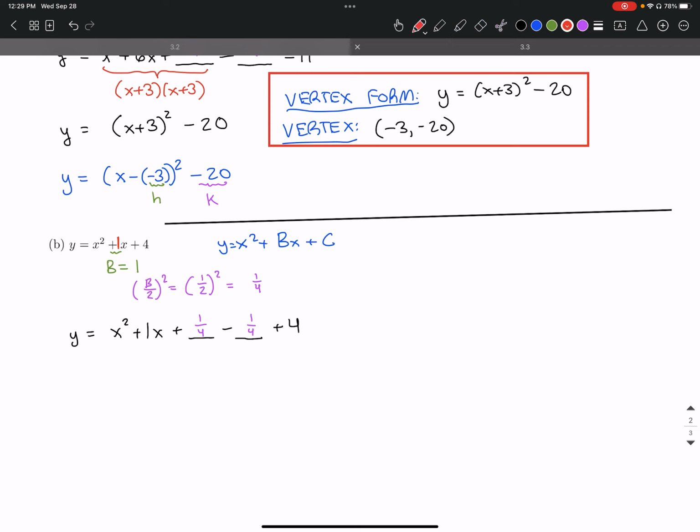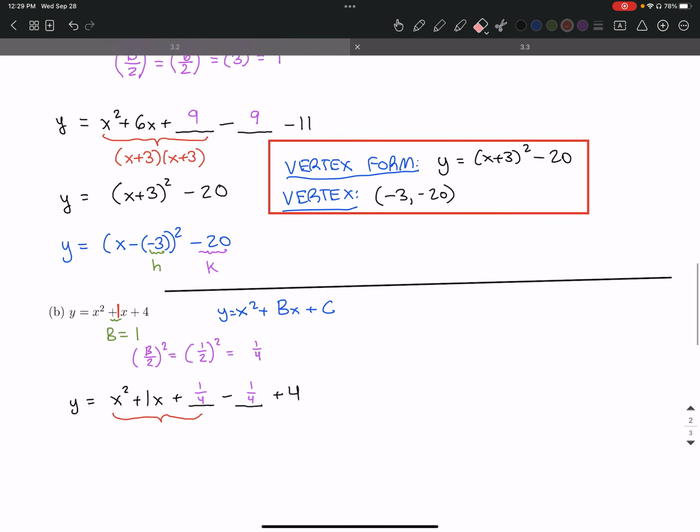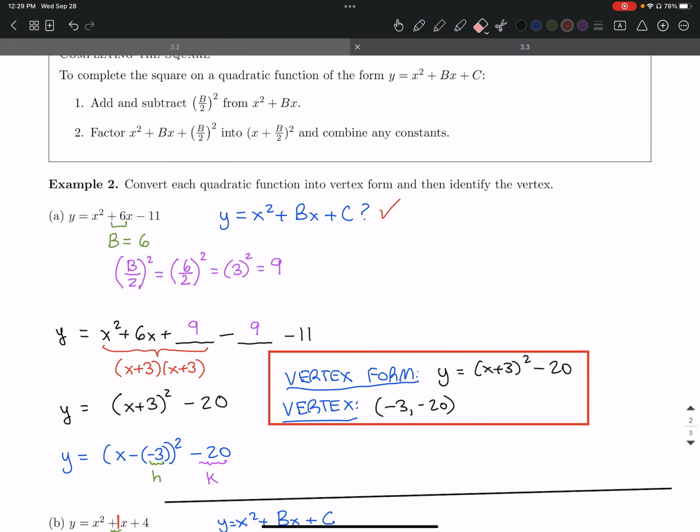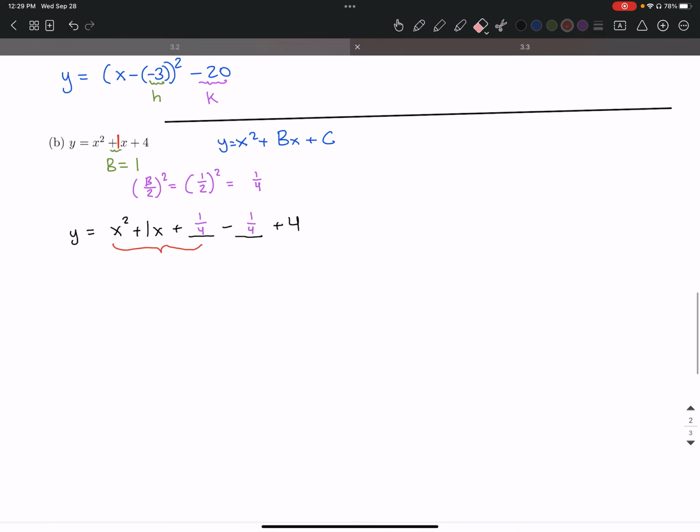Now, this is more involved than the first example, or anything we've done with factoring so far, because I need two numbers that multiply together to give me a fraction, 1/4, and add together to give me 1. So this is a little bit more challenging than what we've seen. You may be able to figure that out, but if you can't, we are guaranteed that this will always factor into (x plus b over 2) squared.